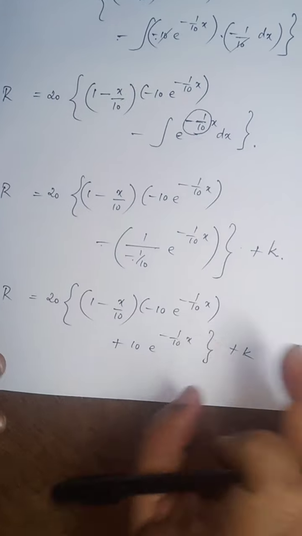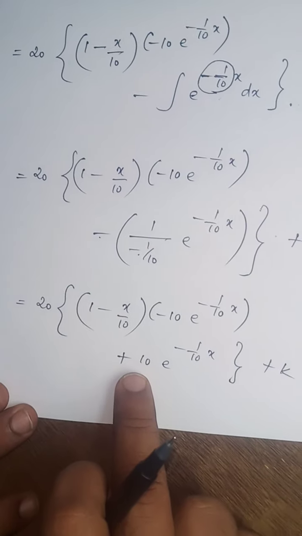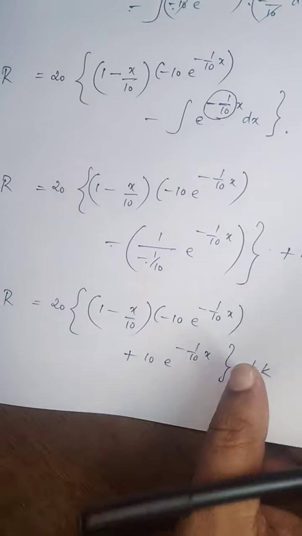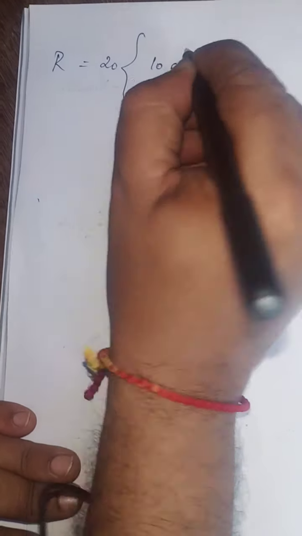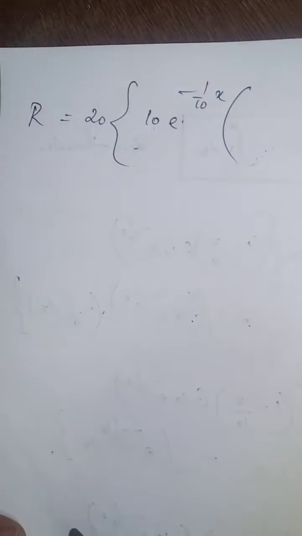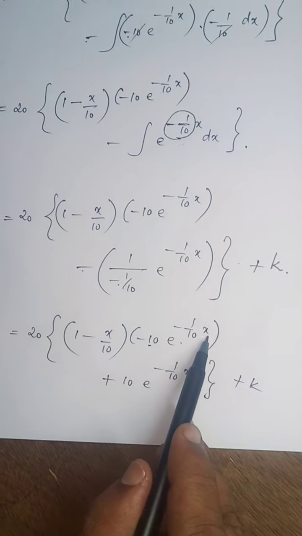Right? Now between these two terms, here 10, here also 10, and e power minus 1 by 10 into x is also common. So take first R equals 20 into 10 into e power minus 1 by 10 into x common.